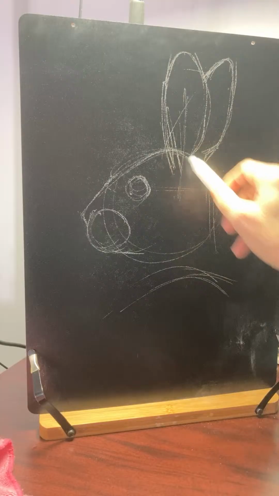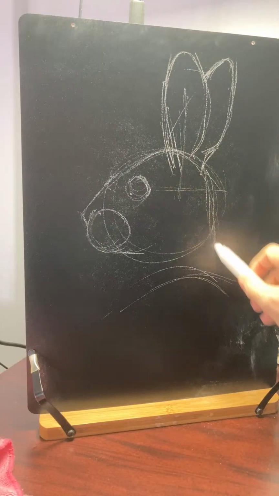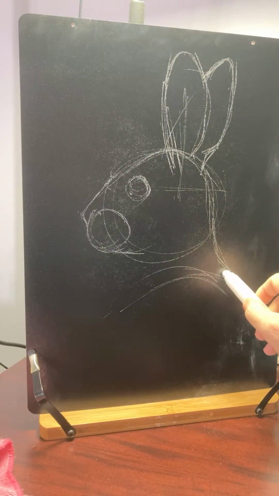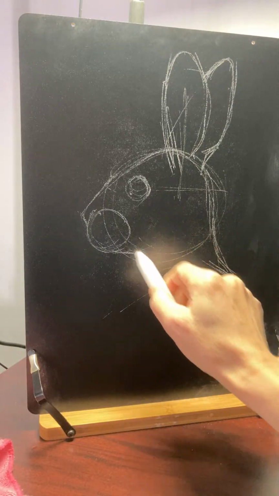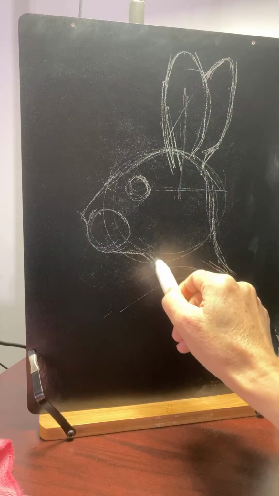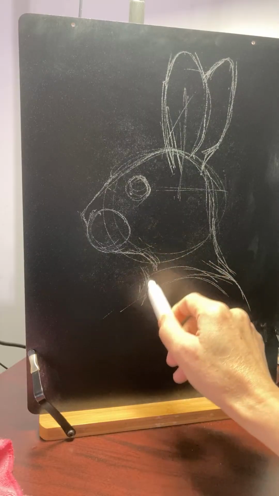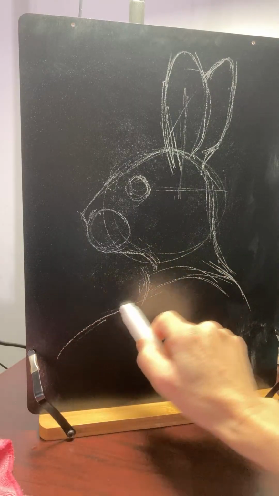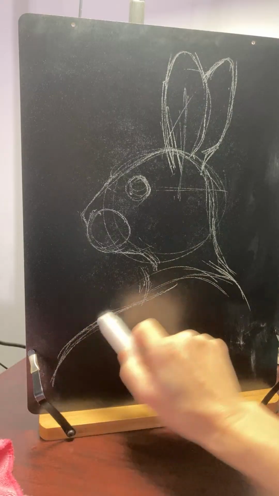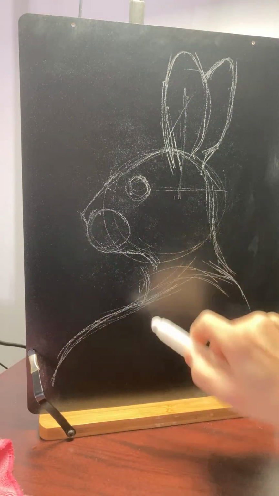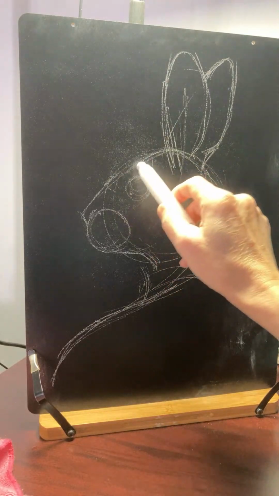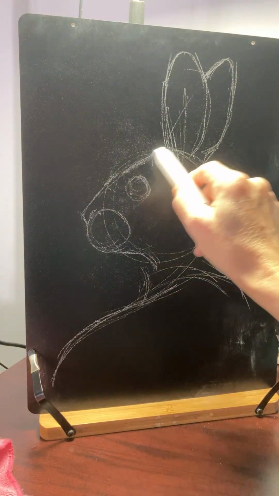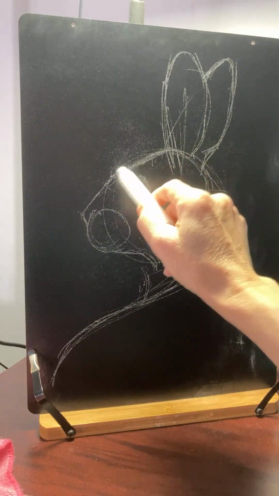Probably like this big. Okay, then this is her back. It is her back and the butt. Right, so that's how it looks on my chalkboard.